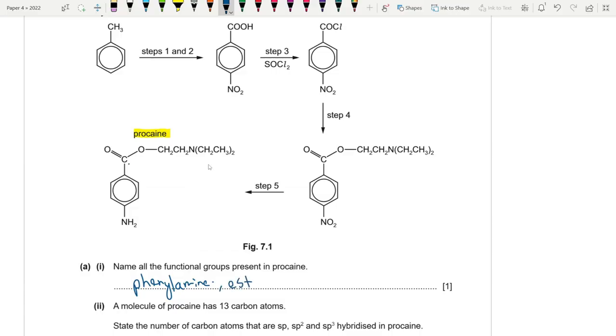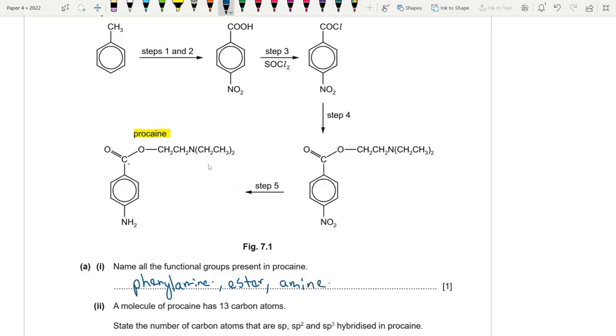We also have an N connected to these three, CH2CH3, CH2CH3 both, and then here CH2CH2. So we don't have the NH over here, but this is essentially an amine.